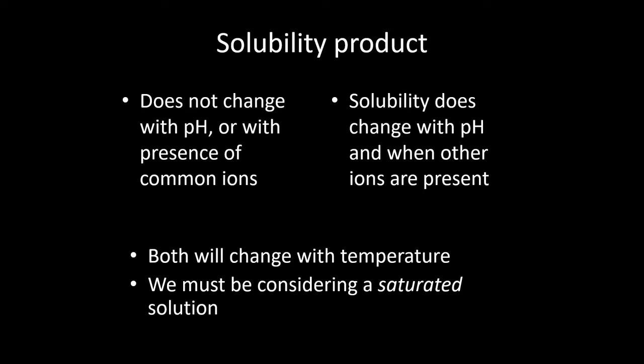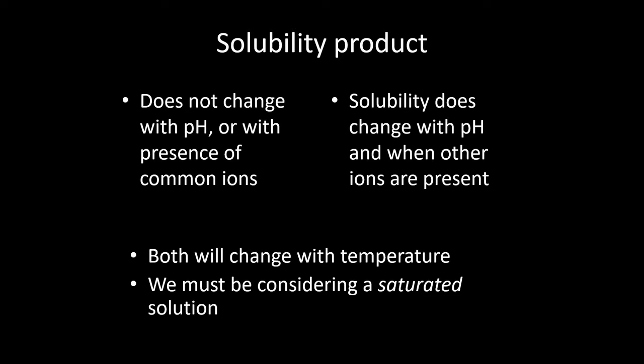If you remember our discussion from the previous chapter, when we were talking about putting a strong acid into a mixture with a weak acid, that strong acid will limit the amount of that weak acid that dissociates. It limits the solubility, so to speak, the amount of dissociation that can happen in that weak acid. The same thing is true here.